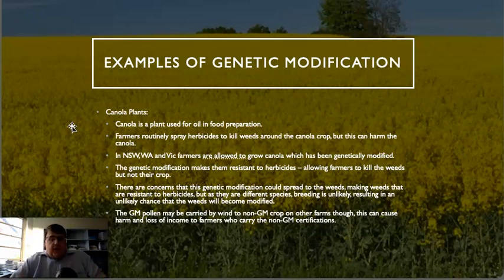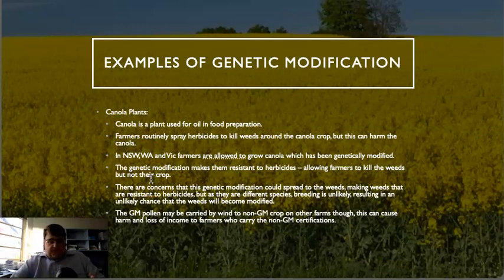But that's really unlikely to happen, because they are such different species that any breeding is very unlikely to result in offspring. So it's highly unlikely that the weeds will become resistant to herbicides.